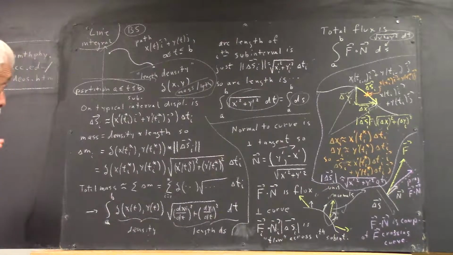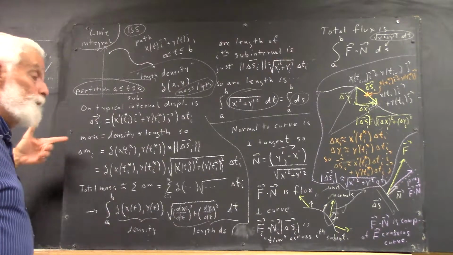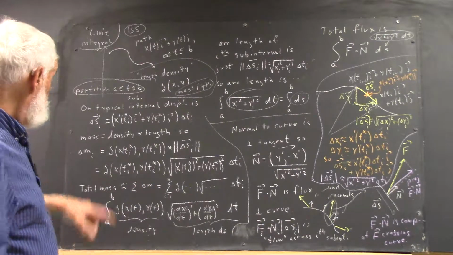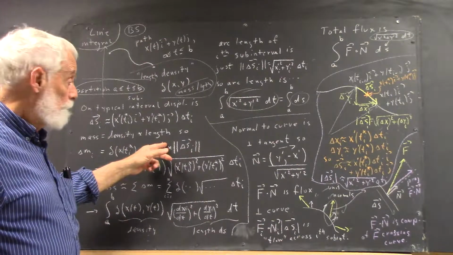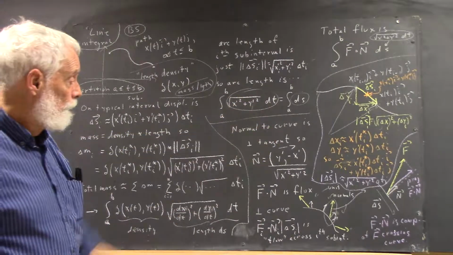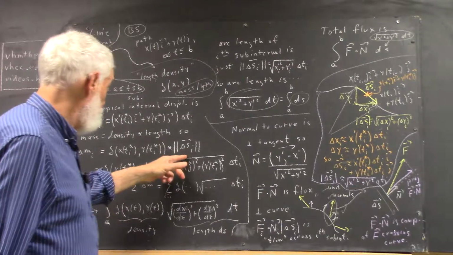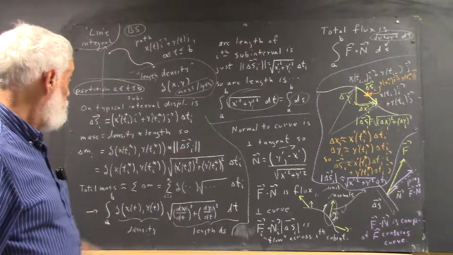Now, to get the mass of the typical interval, we multiply the density by the length of the interval, which is why it's important to find the magnitude of our delta s sub i, because that's the length of the ith subinterval.